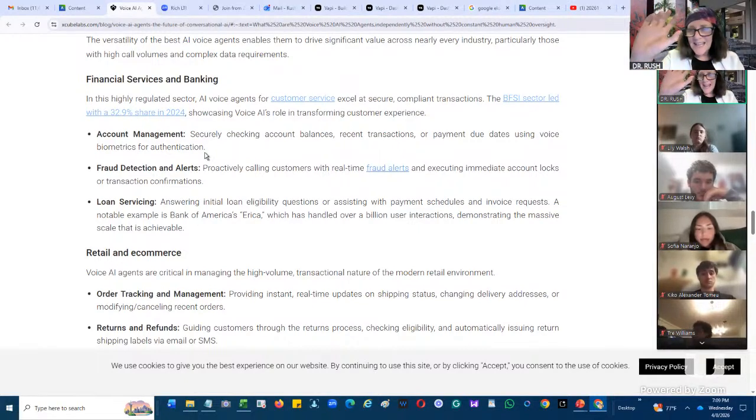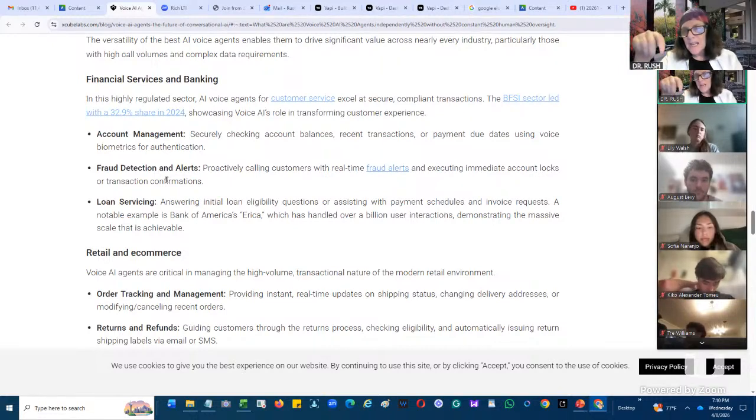So although that biometric is one that I don't like, in this case there are fraud detection alerts, calling the customers. They've had fraud detection for years in credit cards, because the banks are the ones that get stuck with the bill.